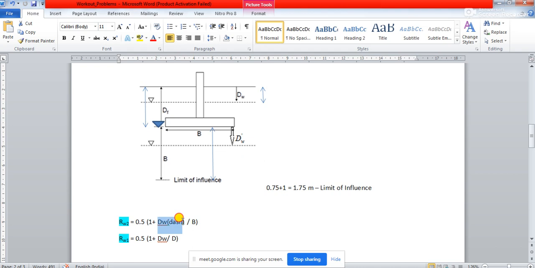When this is 0, 0 by b is 0, so 0.5 multiplied by 1, Rw2 value will be equal to 0.5, and that is what you should understand.